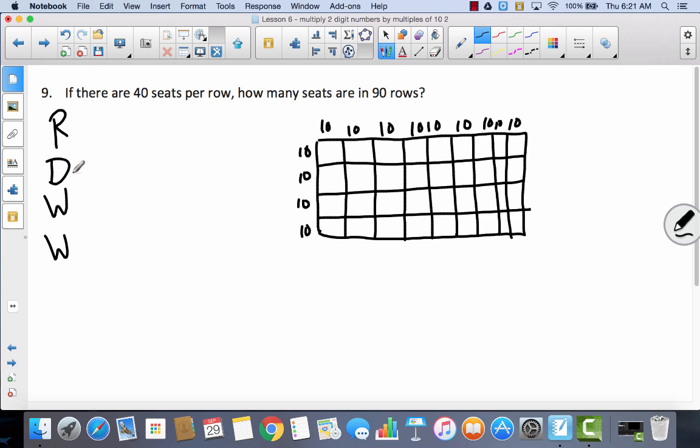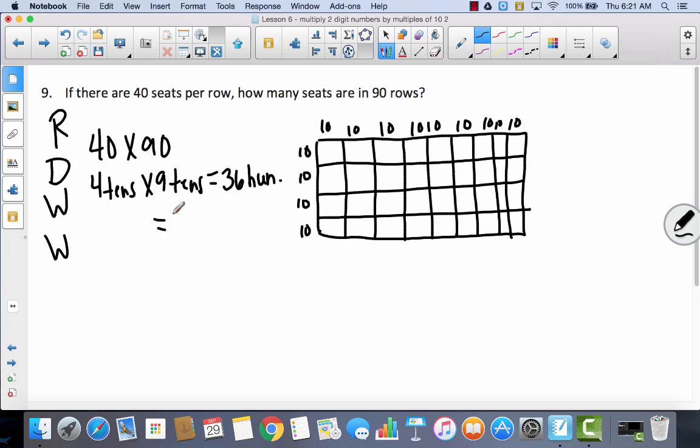So now I'm ready for my number sentence. So 40 times 90 is 4 tens times 9 tens. So I have to know what 4 times 9 is. Well, 4 times 9 is 36. 10 times 10 is 100. So 40 times 90 is equal to 3,600, which looks like this.